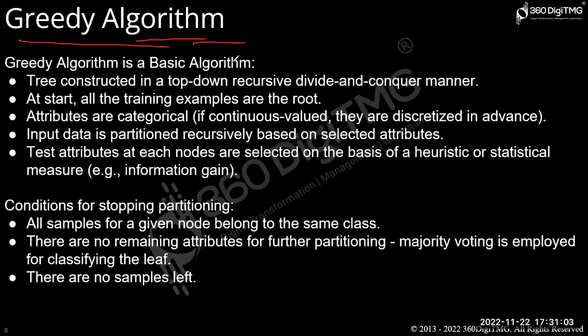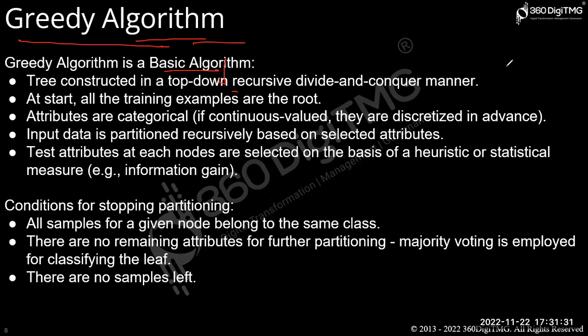Greedy means greedy for the data. The more data you have, the better classification it will give. The greedy algorithm is a basic algorithm constructed in a top-down recursive divide and conquer manner. So what exactly is it? We are discussing the top-down recursive manner only.